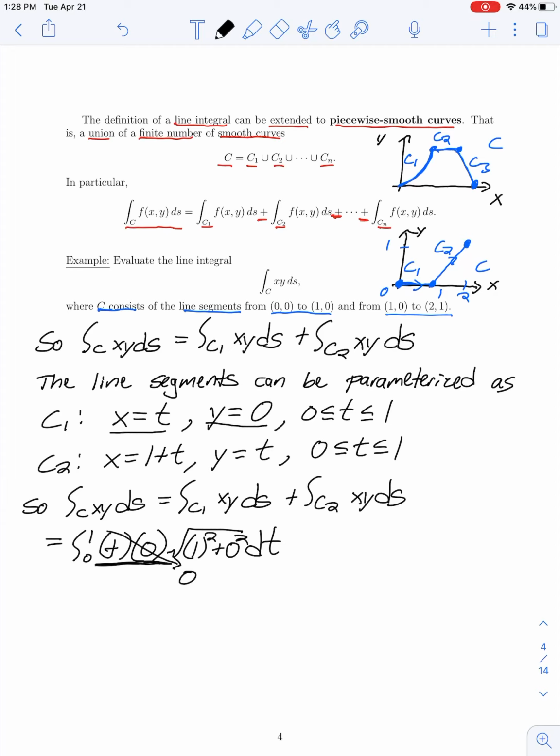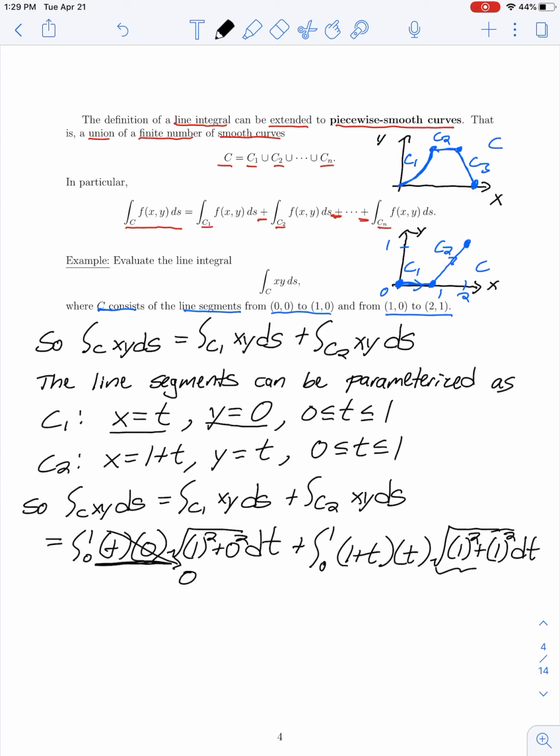And then we are adding, for the second curve, C2, our parameter integral from 0 to 1. We're looking at x times y. So here x was 1 plus t, times y, which is t, times the differential of arc length, which would be the square root of the derivative of x, 1 squared, plus the derivative of y, 1 squared, dt.